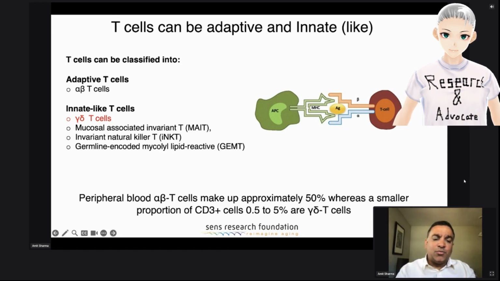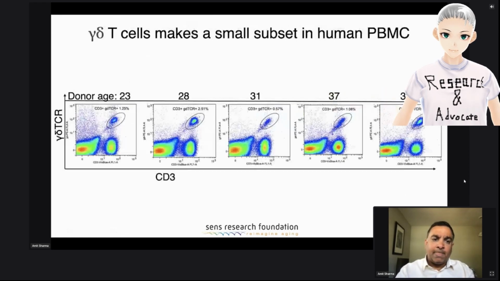They make up a very small percentage of circulating T cells, about 0.5 to 5%. There is variability in the population, and like I was saying, the proportion is very small. When we analyzed the PBMC of human subjects from different age groups, we found the proportion of gamma delta T cells quite significantly low.